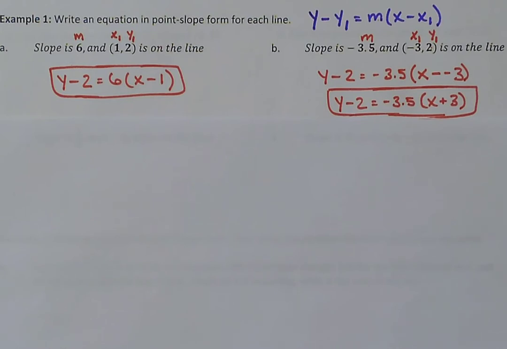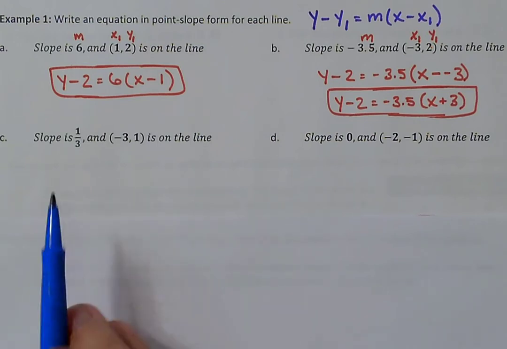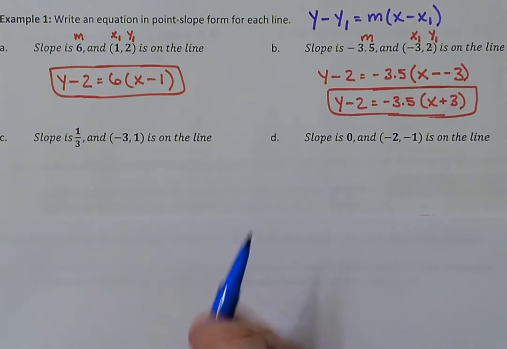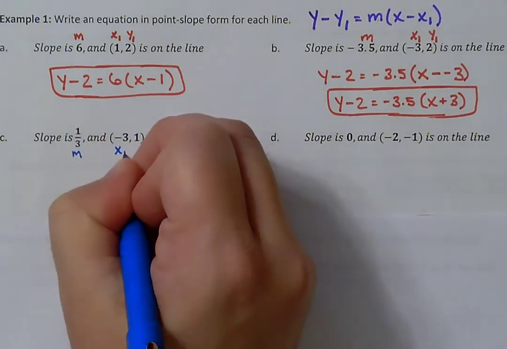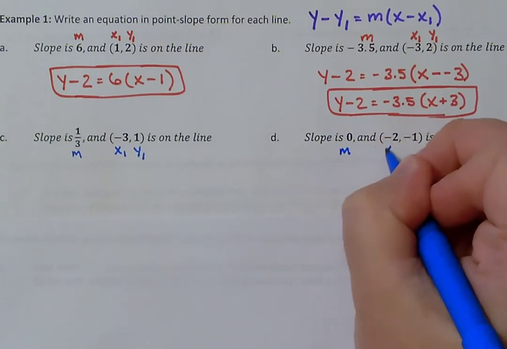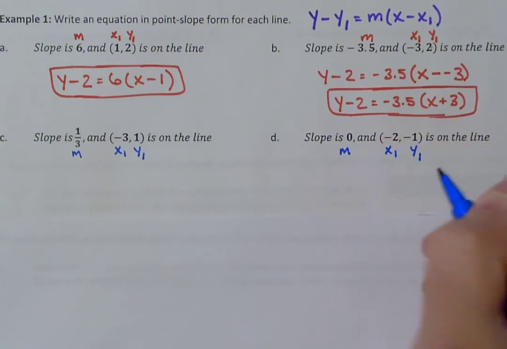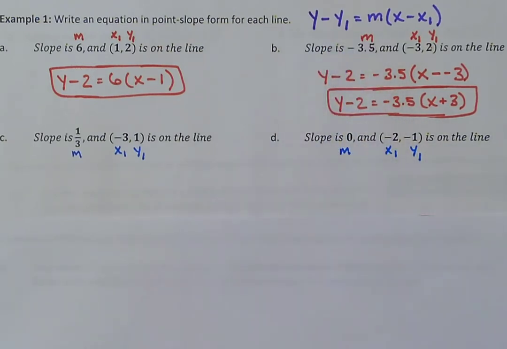So example 1 is just taking your slope and your point and plugging them into the equation. You would do the same thing with C and D: you take your m, your x1 and your y1, and plug them into y minus y1 equals m times x minus x1.